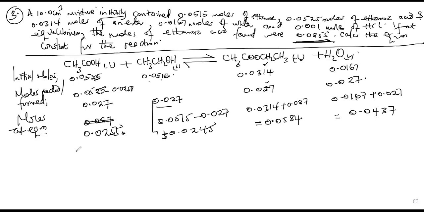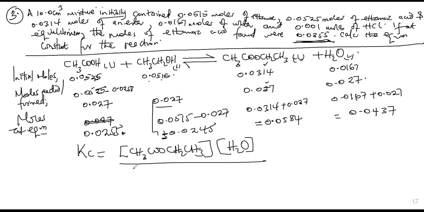Now to get the Kc, it will be the concentration of the ester times the concentration of water over the concentration of ethanoic acid times the concentration of ethanol.